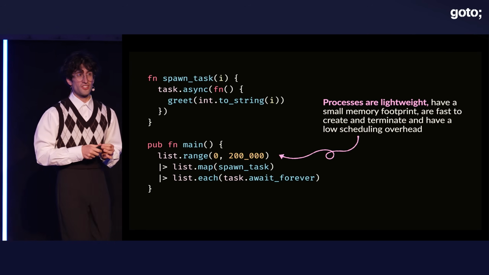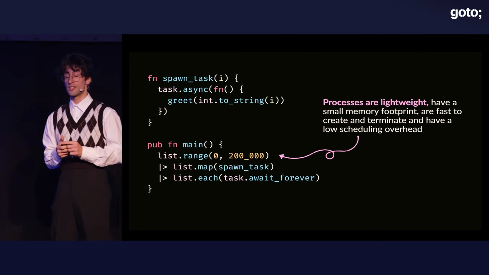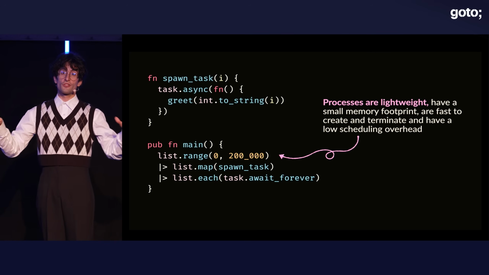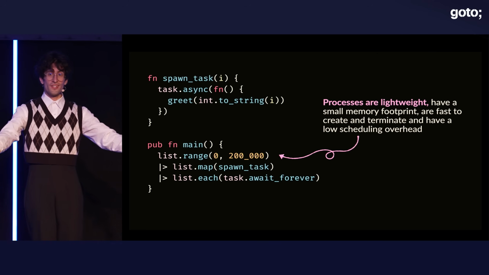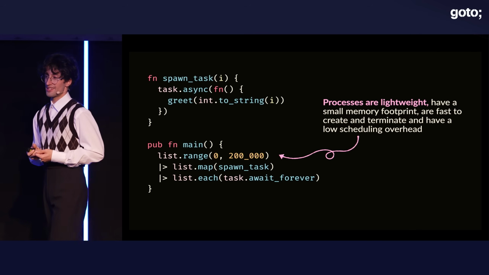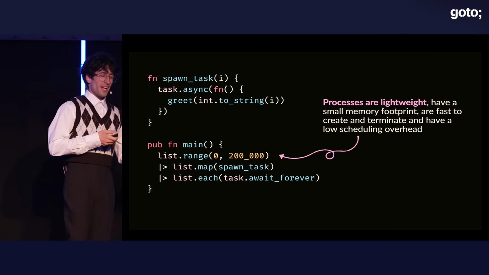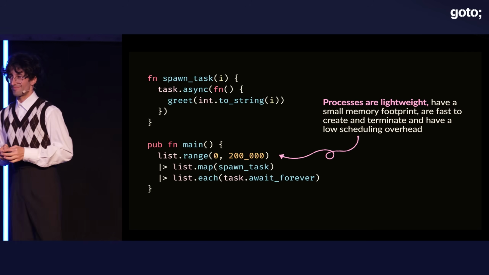If I recall correctly, it's just a couple hundred words of memory per process, so they're super lightweight. They can be terminated quickly, and they can be scheduled automatically by the Beam to take advantage of all the cores of the physical machine beneath it. And so you get all those amazing processes, and you can spawn hundreds of thousands of those, and the Beam would deal with those without batting an eye.